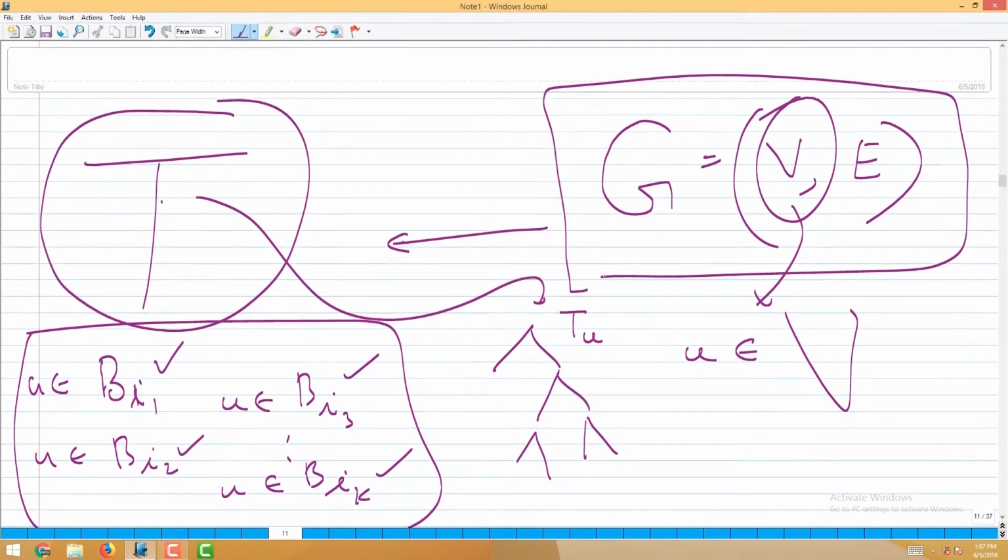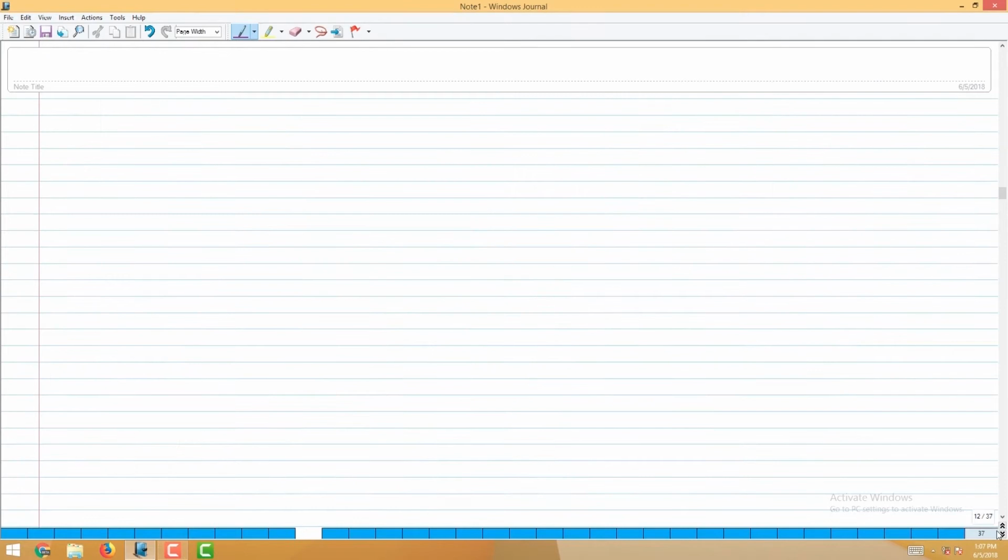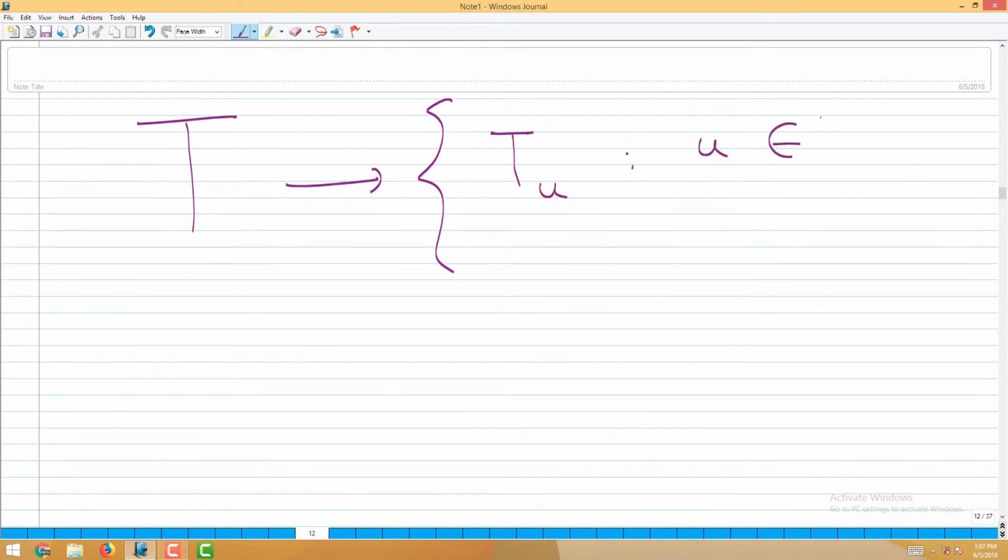Which subtrees? We have to make a list of subtrees. The universe is based on this tree. From this tree, I will make many subtrees, one subtree corresponding to each vertex of the chordal graph. So, Tu for u an element of V of G. How am I making the Tu subtree?